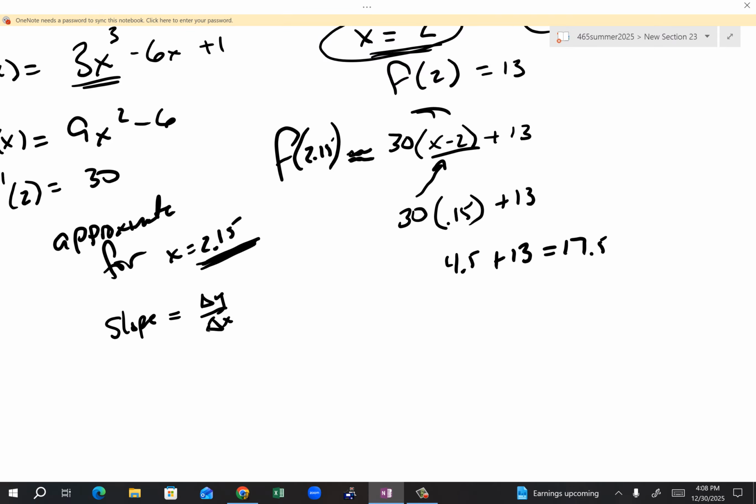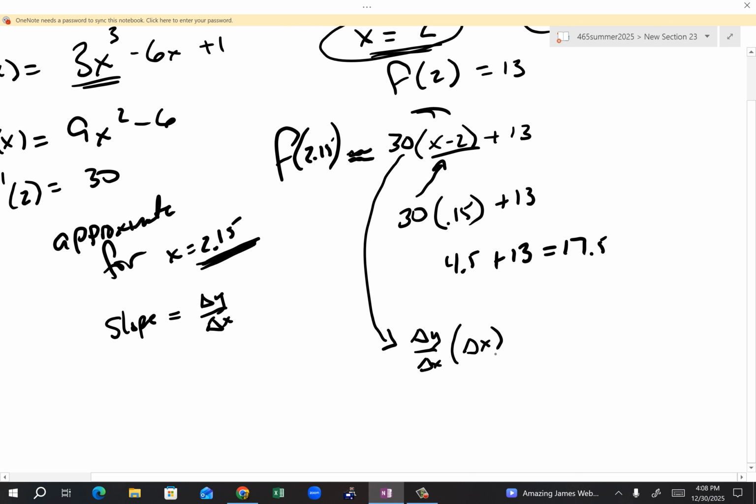So watch this. What if I take that guy, which is here, and I say that's delta y over delta x? Now watch me times it by delta x. Look what happens. If this was 1, then it would just be 1 times the slope. But it's not.